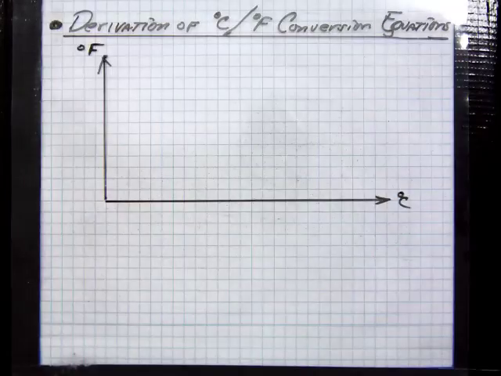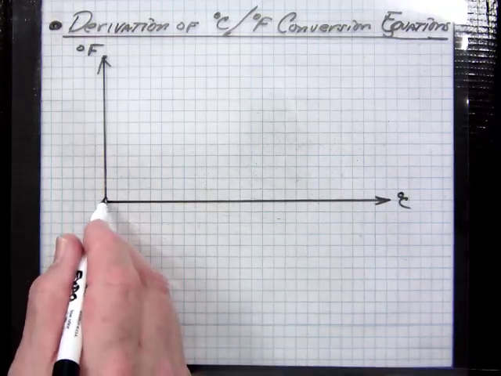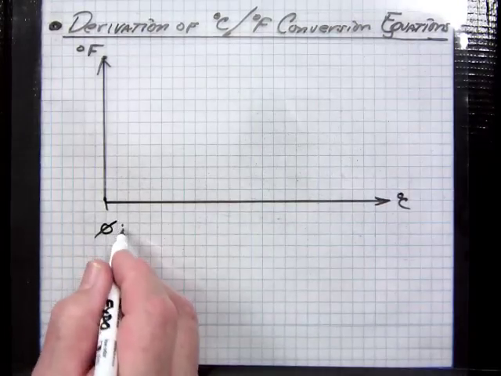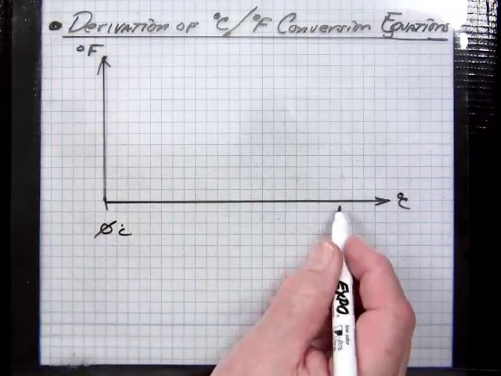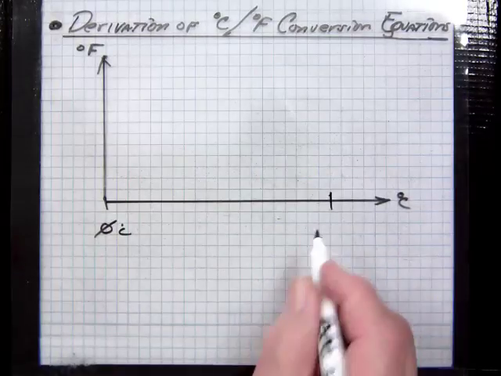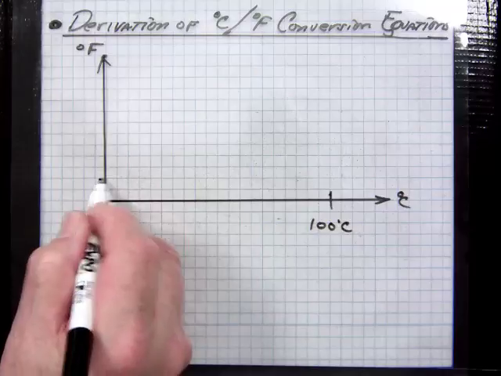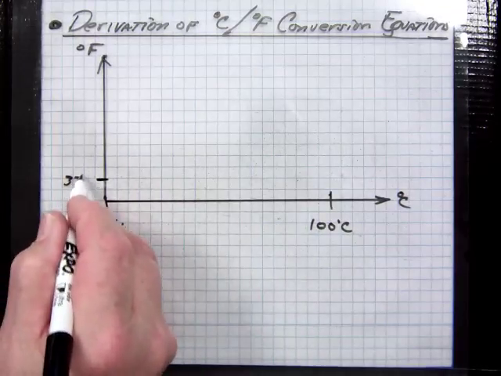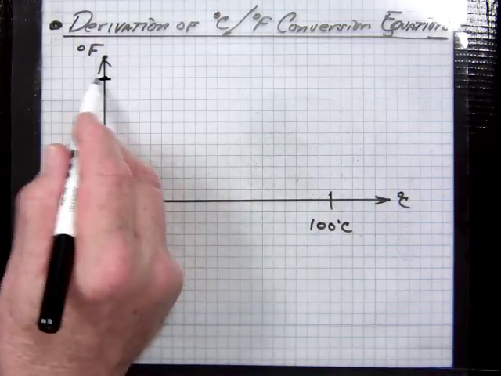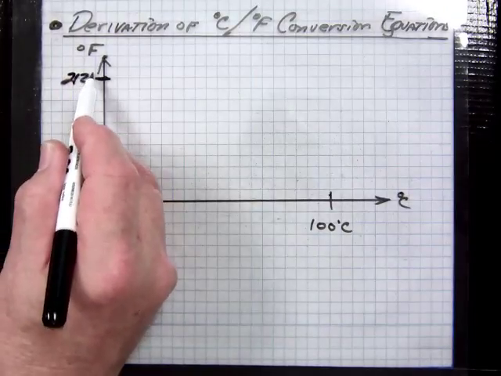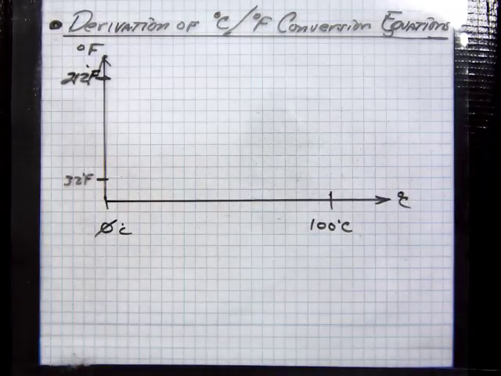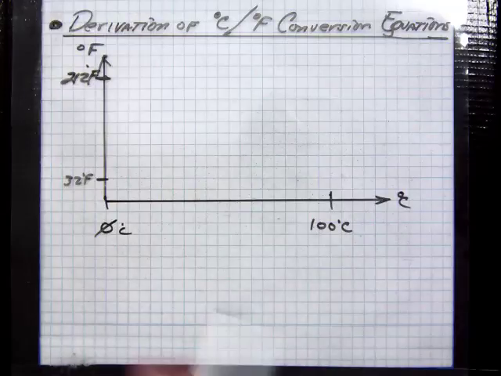And then we mark off the points where we would find the boiling point and freezing point. Well, if this is 0 degrees Celsius, and we'll come up here to, right there, 100 degrees Celsius, and we'll start here, say that's 32 degrees Fahrenheit, and 212 Fahrenheit, right there. That's the boiling point, the freezing point.